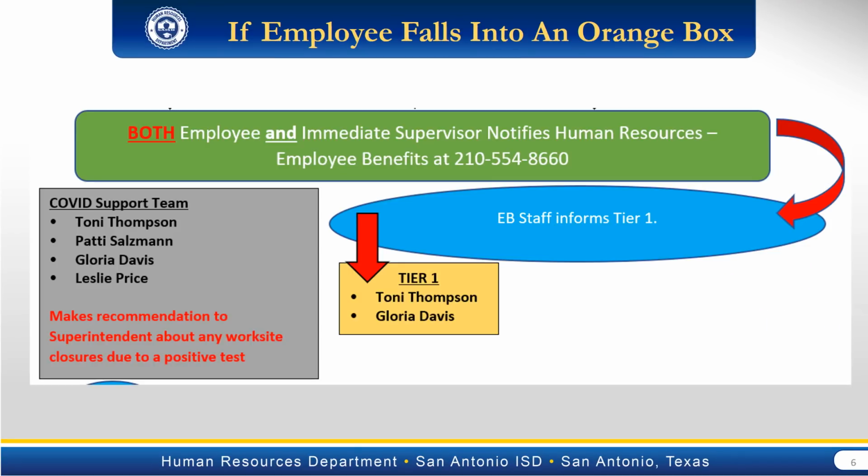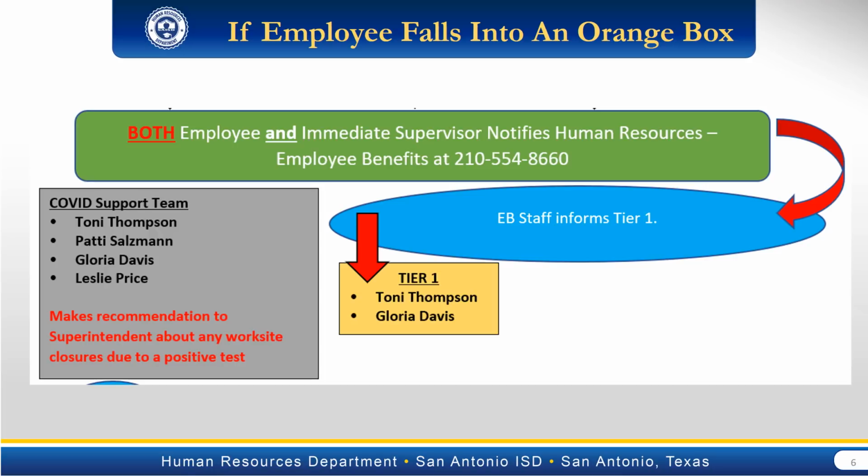I want to mention a couple of groups that will be involved directly in this process. The first is, once someone reports because they fall into one of those three orange boxes, employee benefits is going to notify me, and we'll also notify Gloria Davis, who's our Director for Health Services.